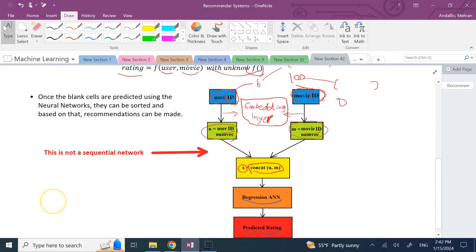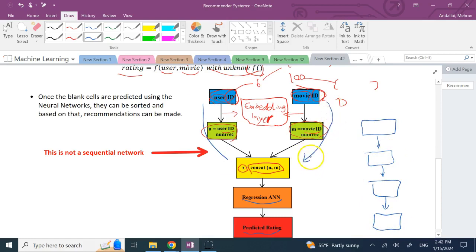But the only thing we have to pay attention to is that this is not a simple sequential network. If you remember in the past, in sequential networks we had some data, it goes to some layer, it goes to another layer, it goes to another layer, all the way to the end. So it's just one branch. Here you have two branches that in the middle are merging, they are concatenated.